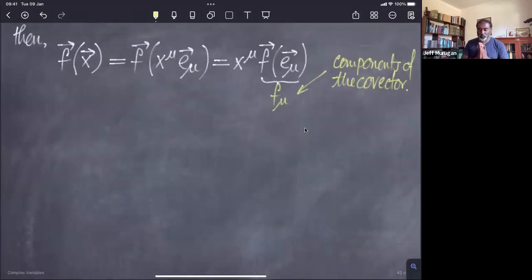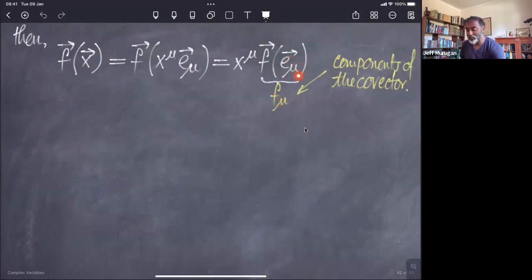So the things to notice here are the following. The components of the covector have a subscript instead of a superscript, right? So the mu is downstairs. This kind of makes sense because in the expression here, the only index mu occurs downstairs anyway. So we need to be consistent with that.